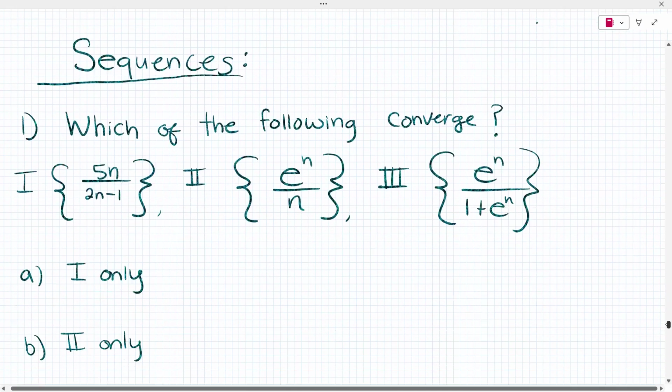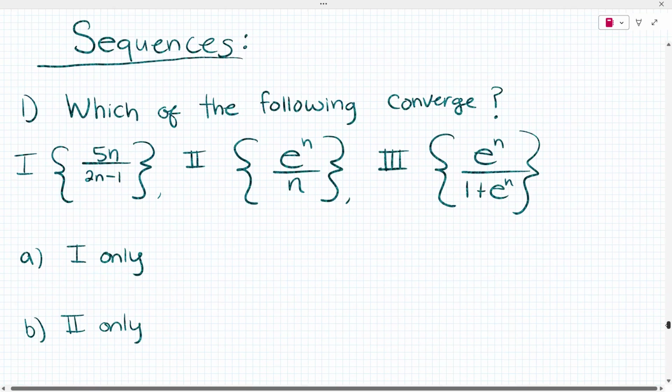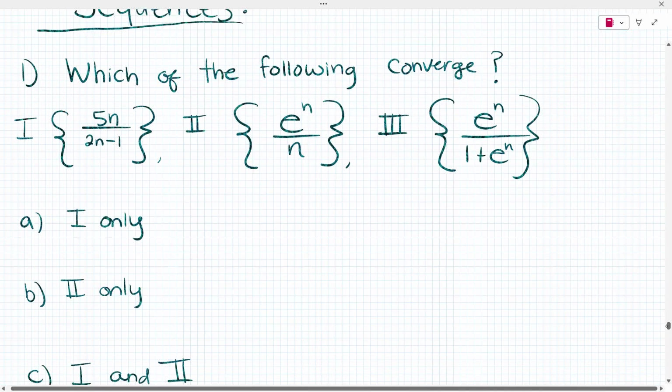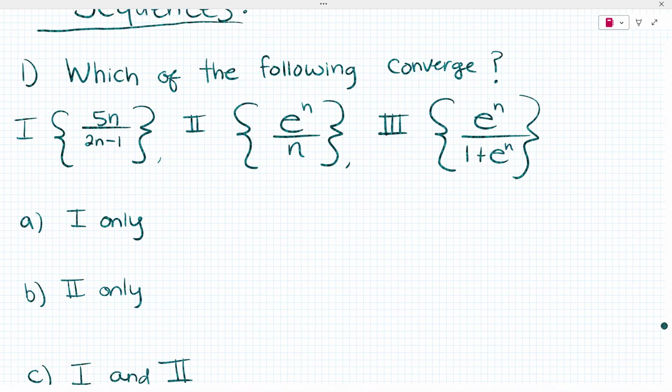Which of the following sequences are convergent? We have Roman numeral one, five n over two n minus one, Roman numeral two, e raised to the n over n, and Roman numeral three, e raised to the n.